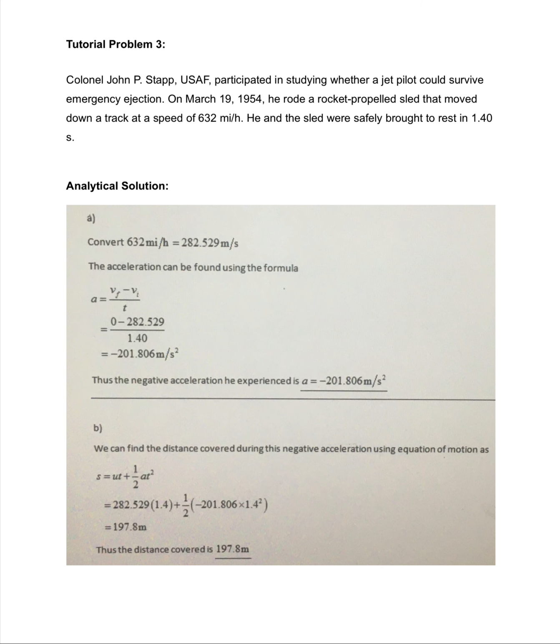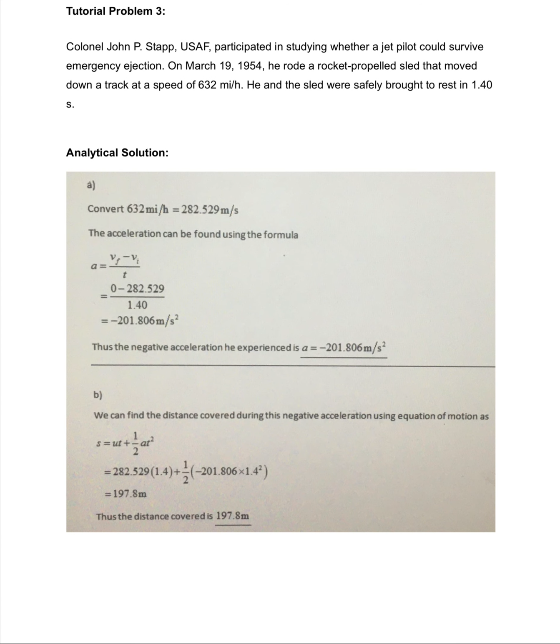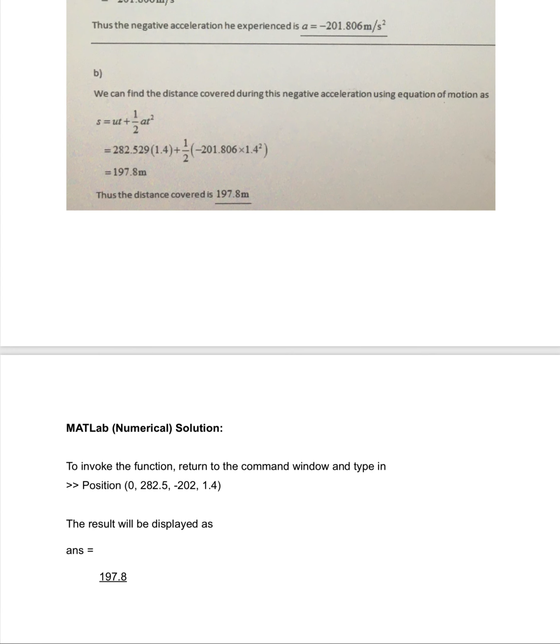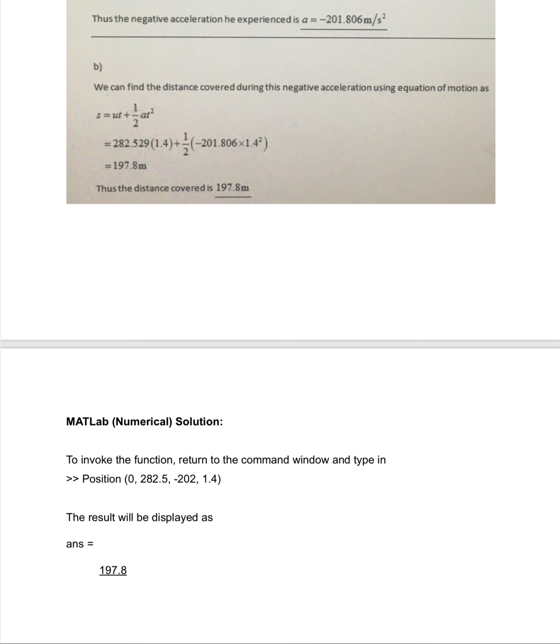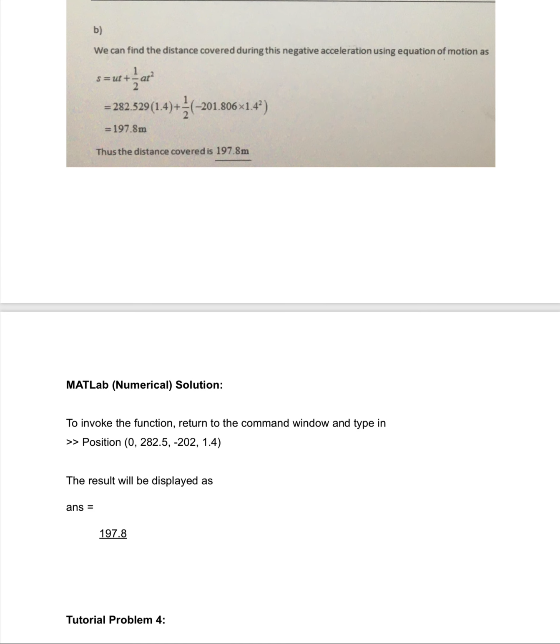Once you find the constant acceleration, you would then plug it into the final position formula that we were going over, and you would get 197.8 meters. Or you can just plug it into the position file where initial position is 0, 282.5, constant acceleration at negative 202, and time being 1.4, and you would get 197.8.